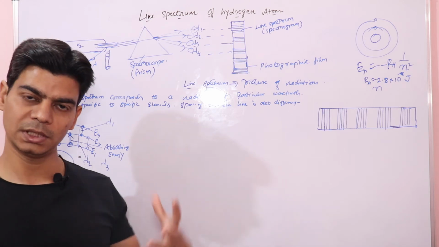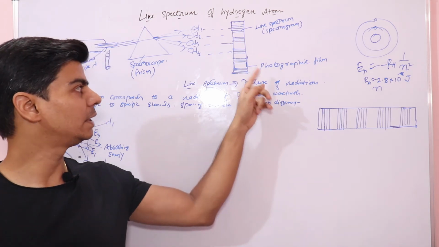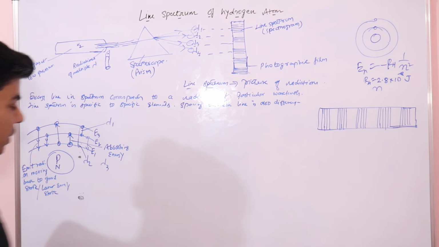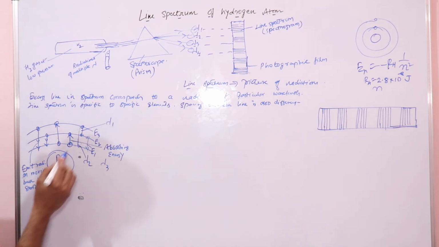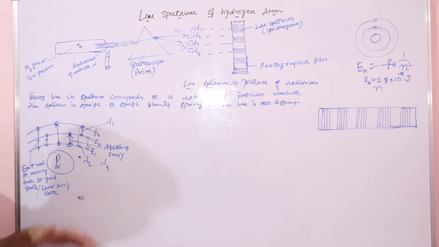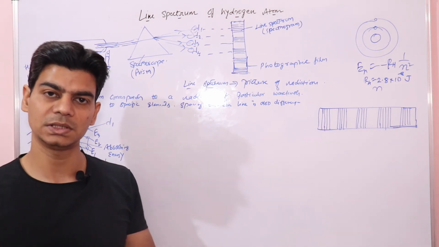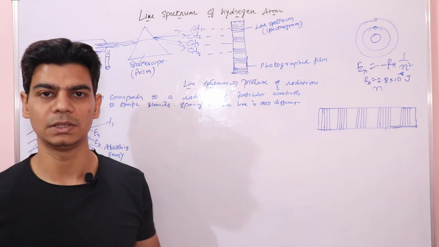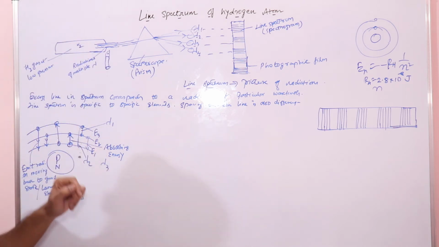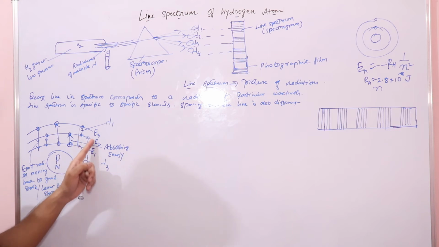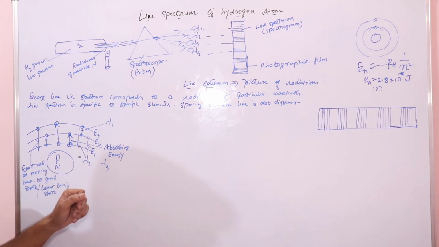So now it's a little clear how we are getting these multiple lines. We are getting these multiple lines because the electronic transition is taking place between different levels. Electrons from E3 are falling back to E2, they are moving to E1 also. From E2 they are moving to E1, right?